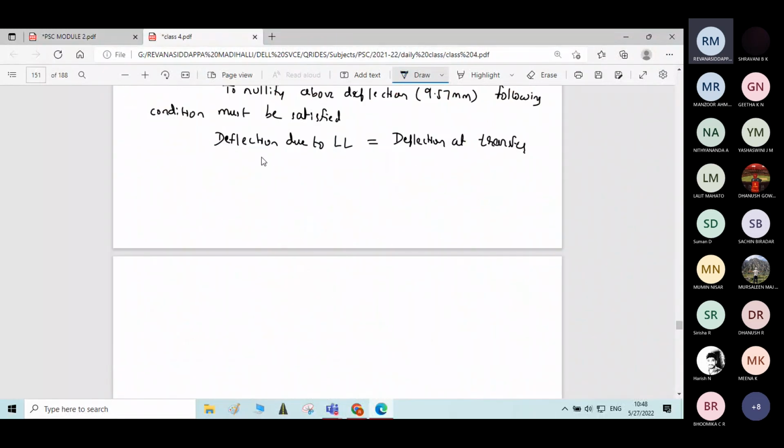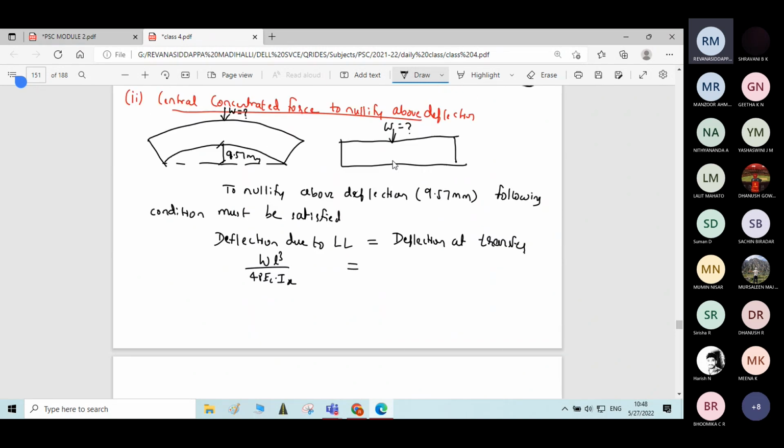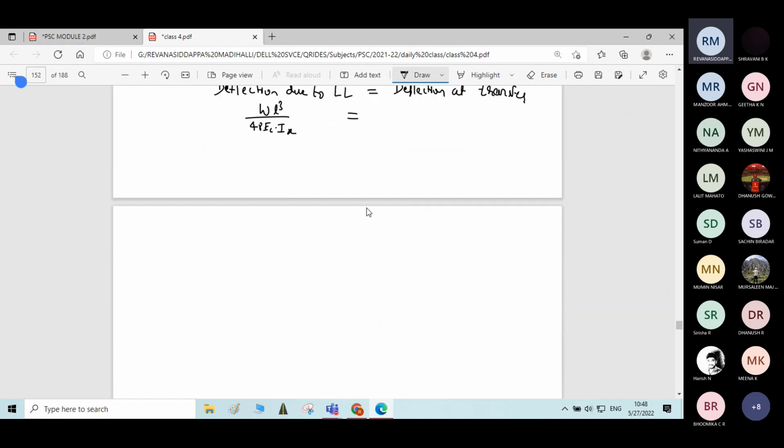So WL cube divided by 48 EC into IX must be equal to 9.57 mm. Okay. So only W is the unknown. The rest of the parameters are known. Just substitute and we will get the value of the central concentrated load to be applied to nullify the deflection of 9.57 mm.